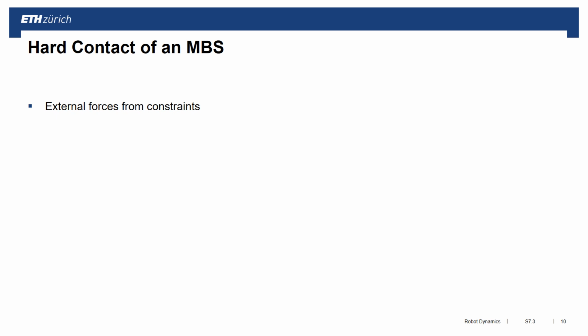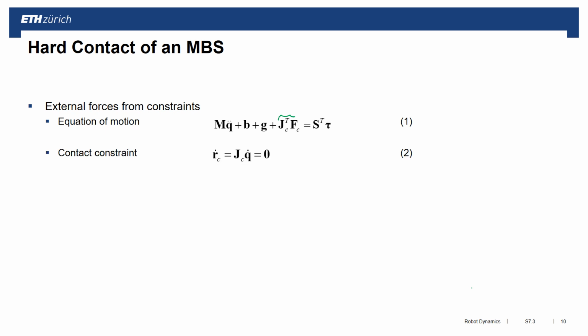So when we calculate these external forces from the constraint, we can essentially start with the dynamics equations of motion that we introduced at the beginning, now with this addition of the contact force, which is mapped in through the Jacobian transposed. As you know, the points that are in contact must have 0 velocities and they must have 0 acceleration, so the following constraint has to hold.